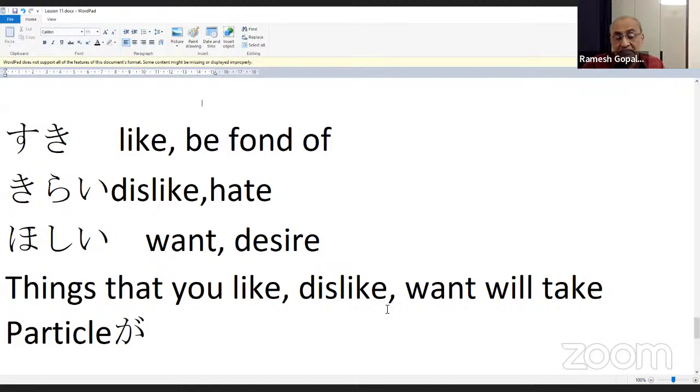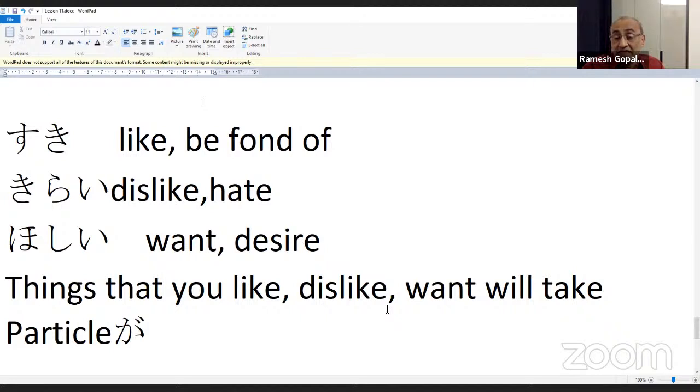So the particle for things you like, dislike, want will take ga. Suppose you say ice cream ga kirai, that means I don't like ice cream. Ice cream ga hoshii, that means I want ice cream. So you have one sentence like this in your mind so that you will not forget this. Whatever you like, suki desu, ga suki desu, kirai desu, hoshii desu.